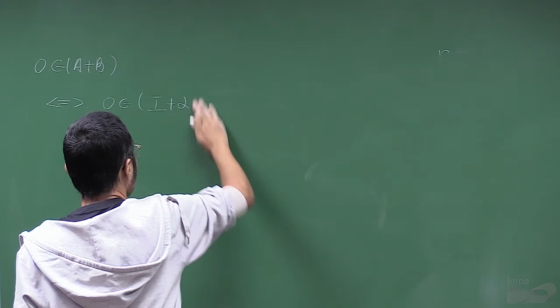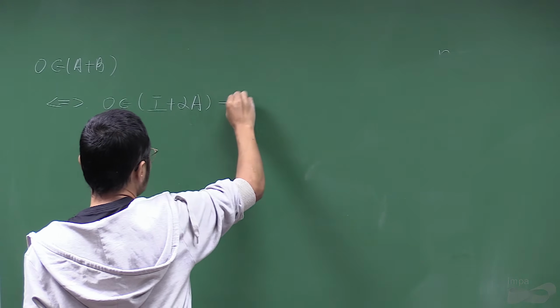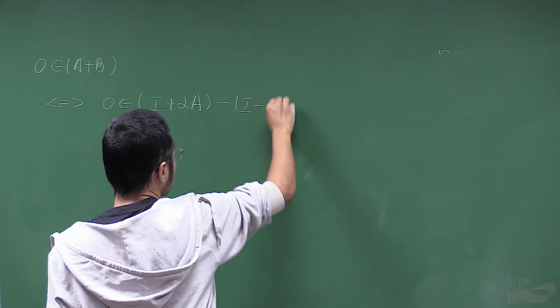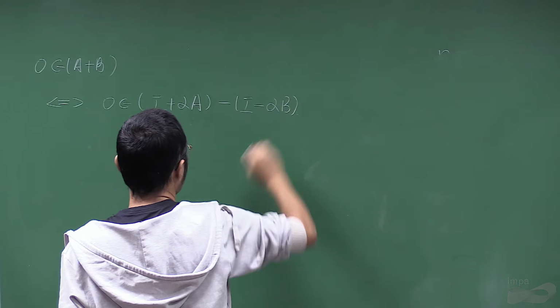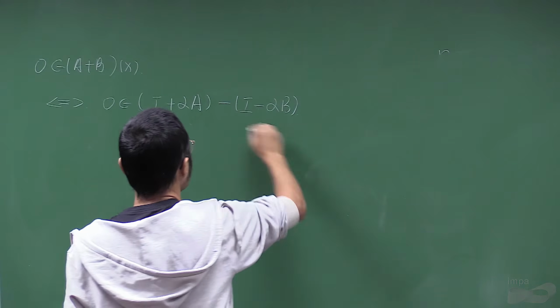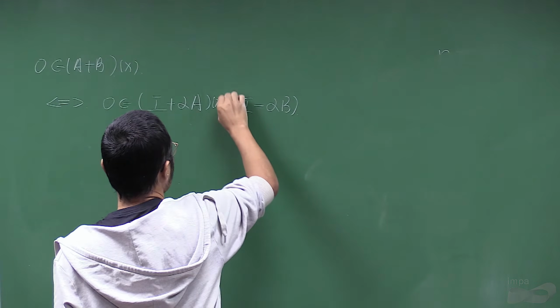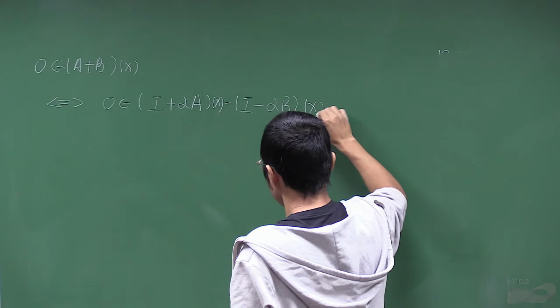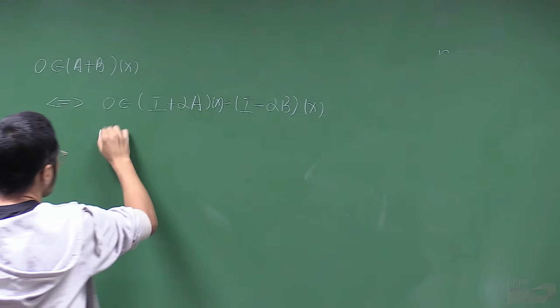Okay, I use A here, and minus I minus alpha B here, and we have x here.